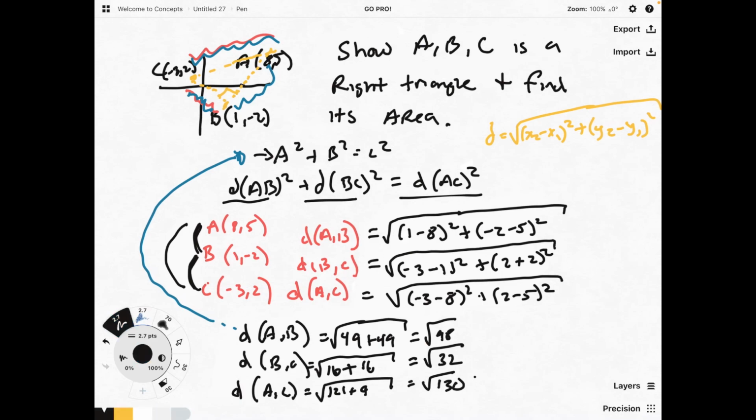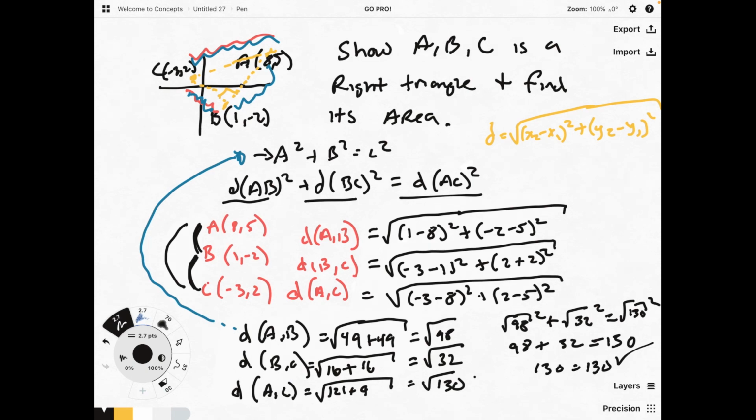We have the square root of 98 squared plus the square root of 32 squared, which is supposed to be equal to the square root of 130 squared. All of these are squared, so the square roots can go away. So we just have 98 plus 32 equals 130. And that says that 130 is equal to 130. And this checks out, and that's how we know that this is a right triangle.